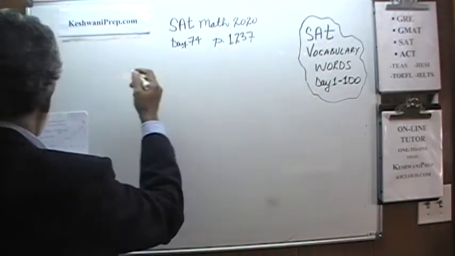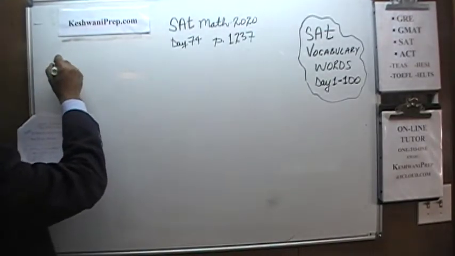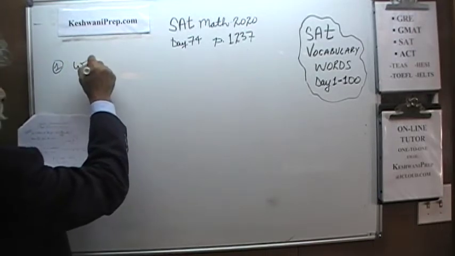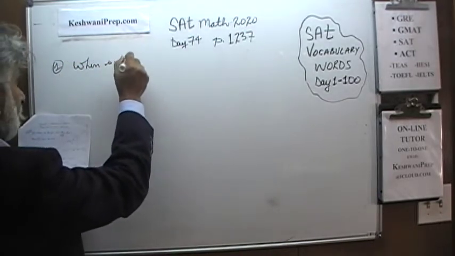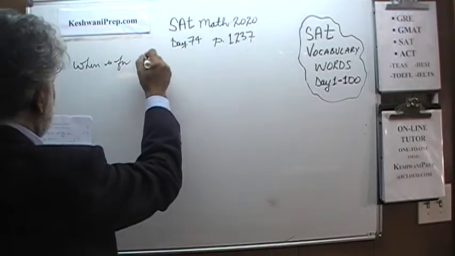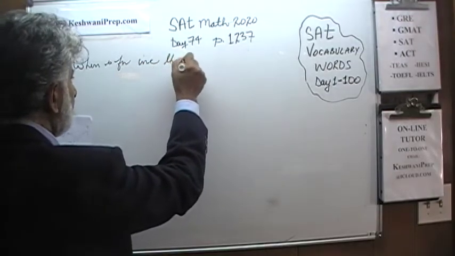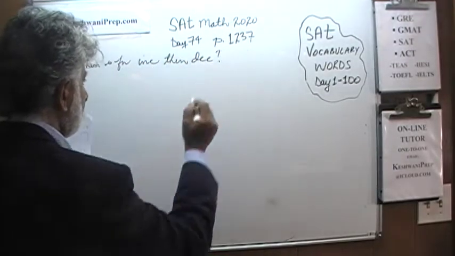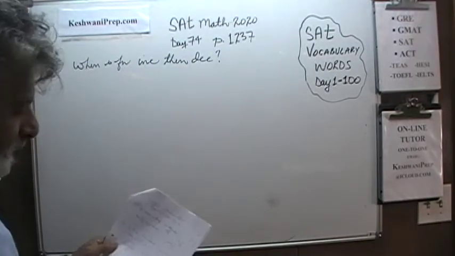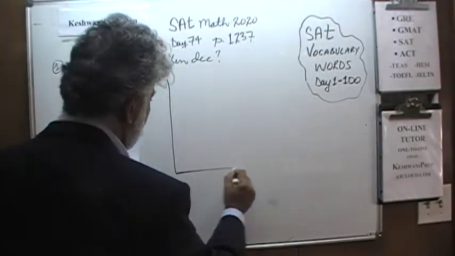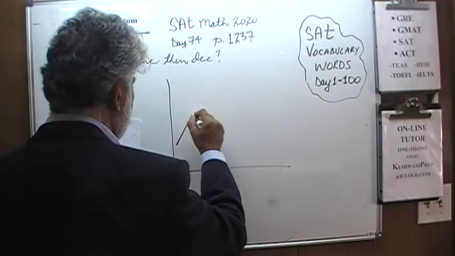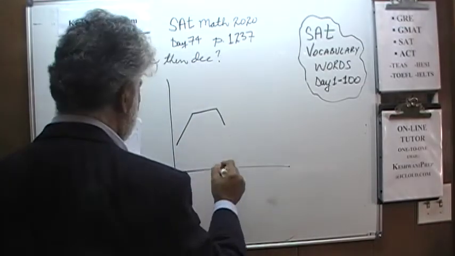Page 1237, number 1. It says, when is the function increasing and then decreasing? And here is the function that is given to us. It looks something like this. It's increasing, then it's flat, then it goes down. So that's not it.